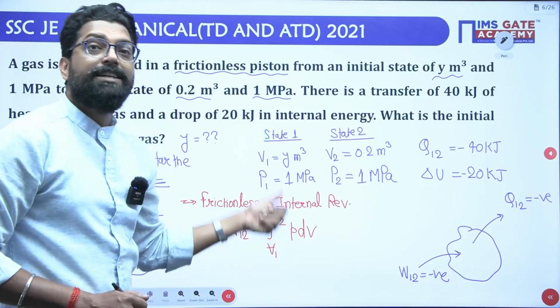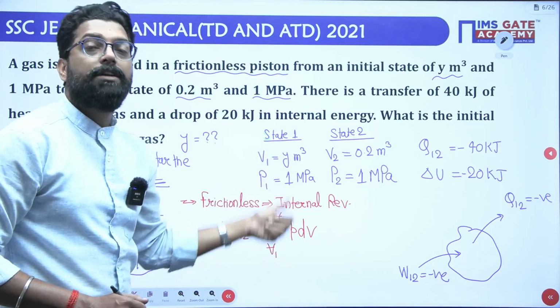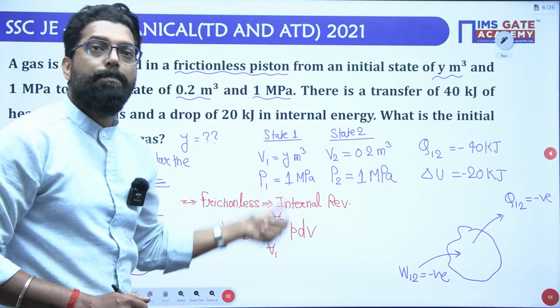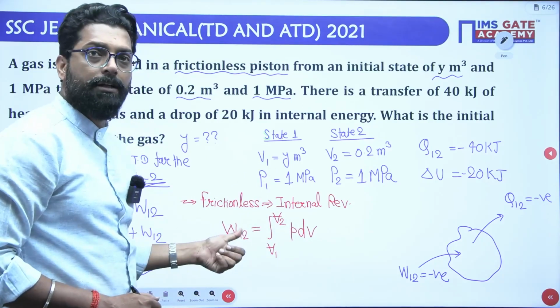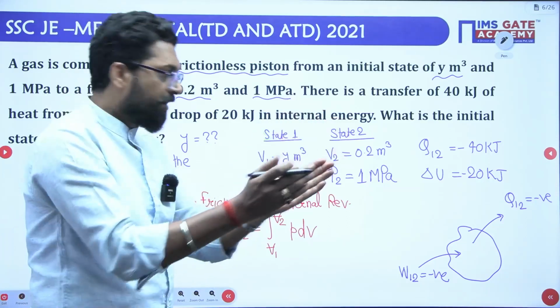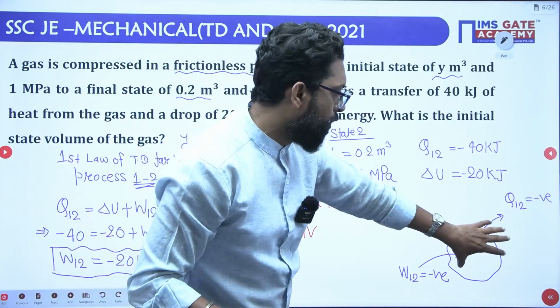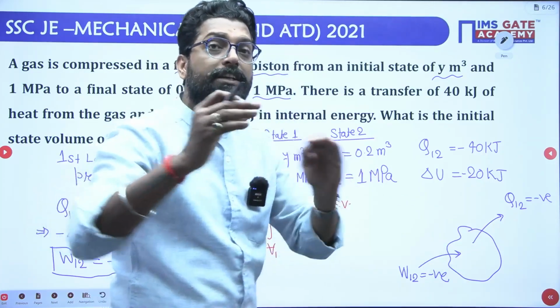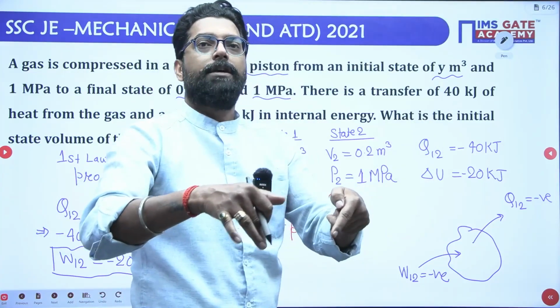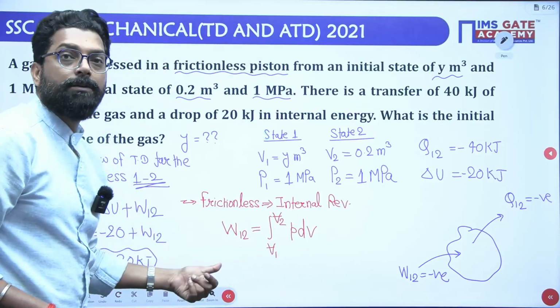This equation is valid only for the displacement of a boundary work. That means if there is a system boundary, and the system boundary is either expanding or contracting, and the expanding and contracting is under a quasi-equilibrium process, during that this work will transfer.